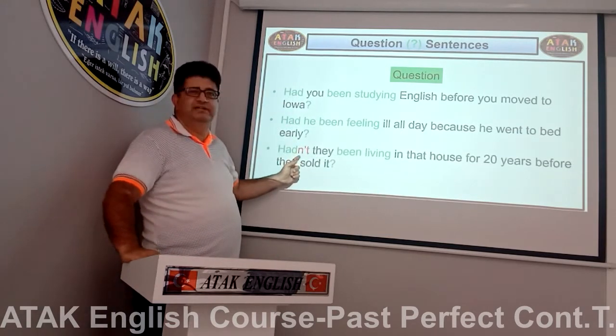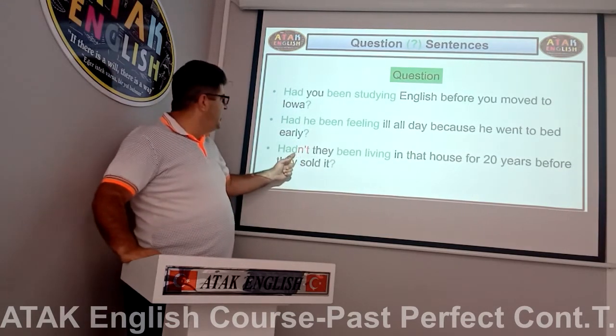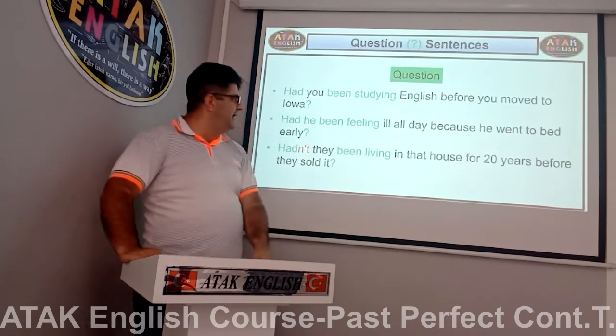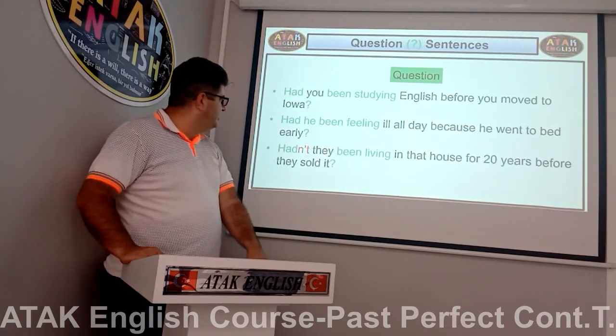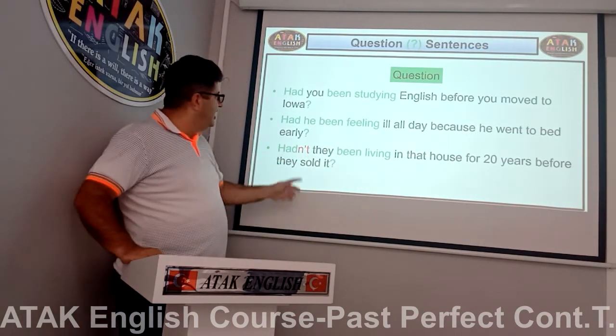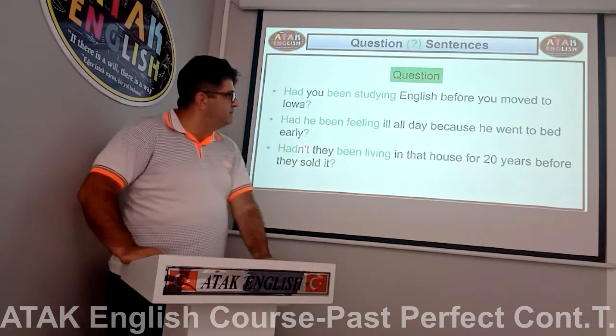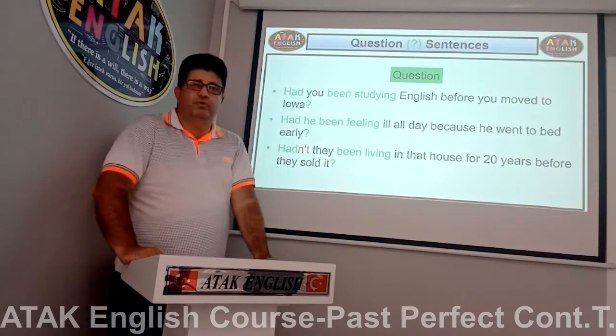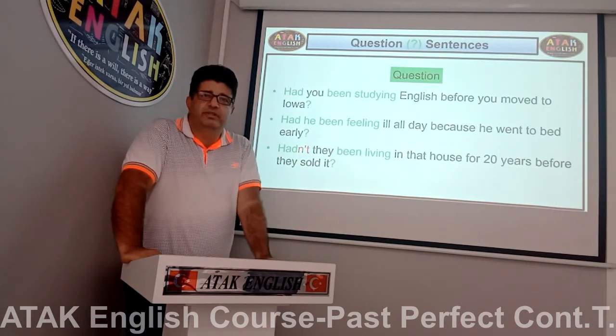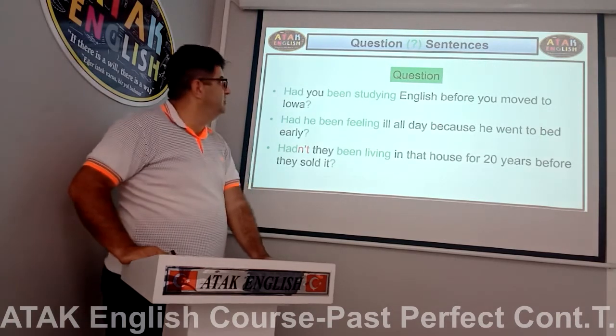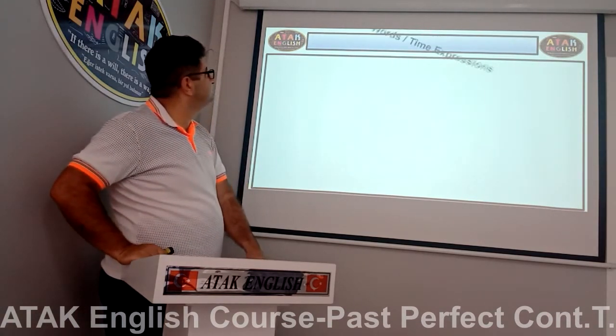There comes the negative question. Hadn't they been living in that house for 20 years before they sold it? Or I can also say, had they not been living in that house for 20 years before they sold it? These three sentences are interrogative or question forms of past perfect continuous tense.